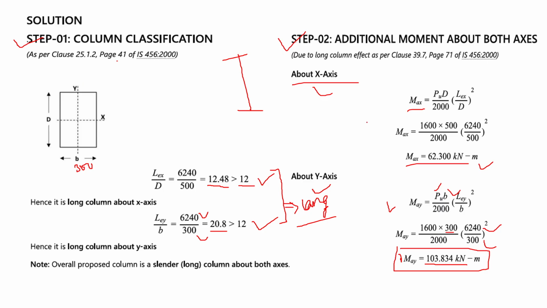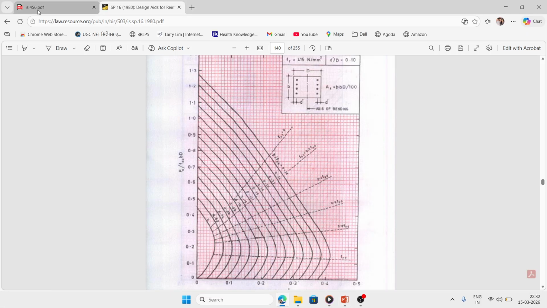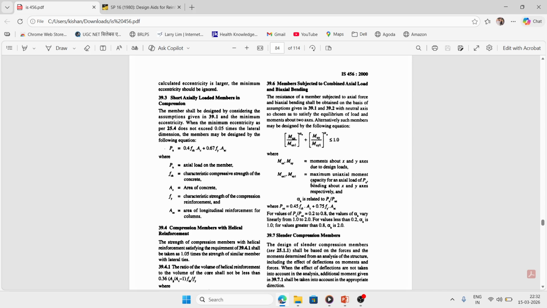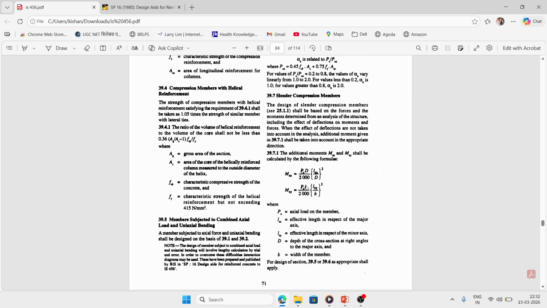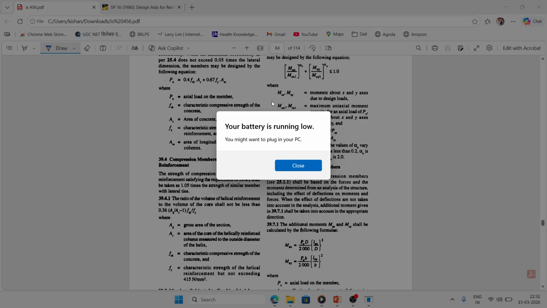Where is it in the code? It is given in the code, page number 71. So this formula is given. Okay.